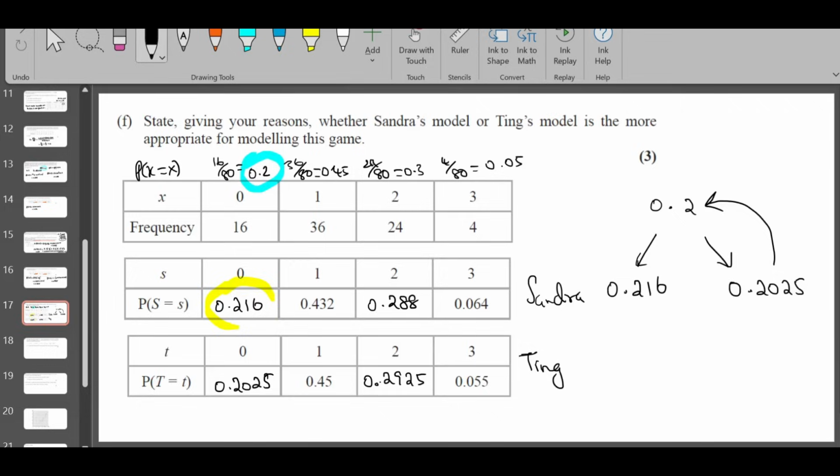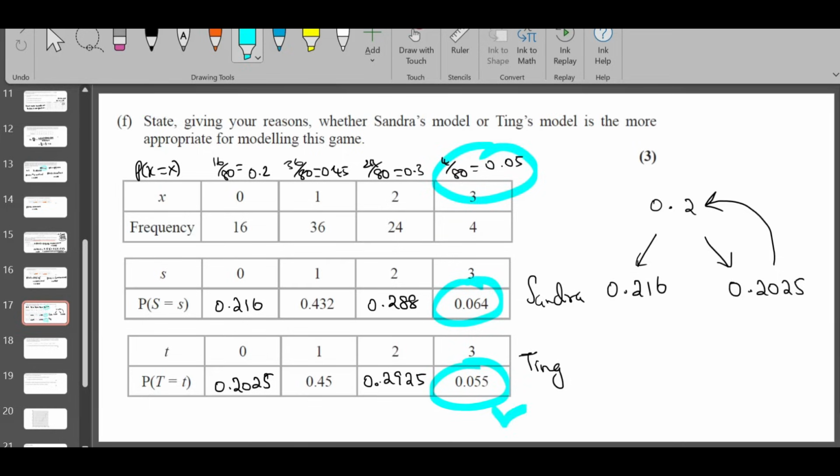Okay. How about the next one? Next one, 0.45, definitely not this. This is exactly the same, right? How about the third one, 0.3? You have 0.288, 0.2925 is closer, right? When you take the next probability, 0.06, 0.055, 0.055 is closer.